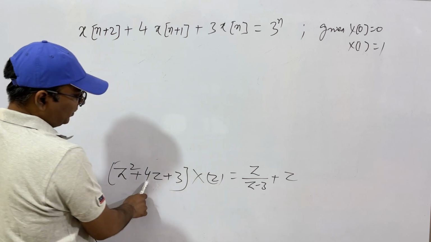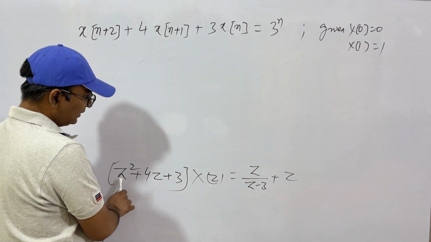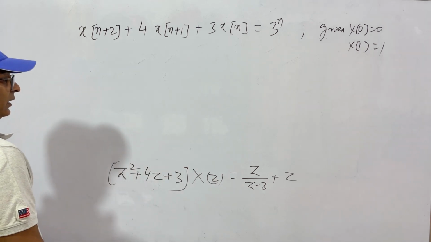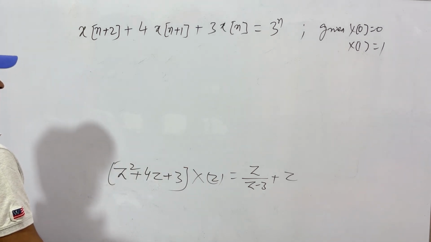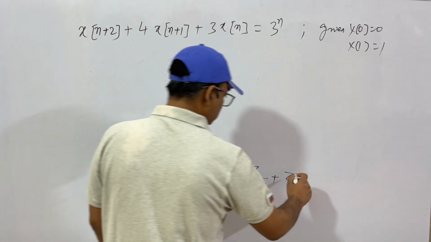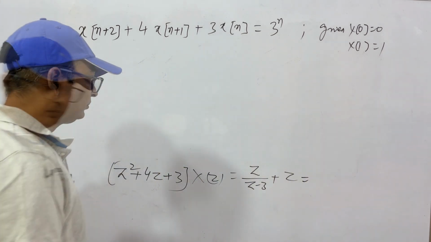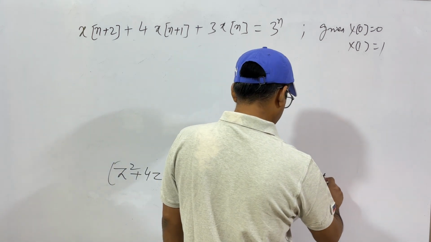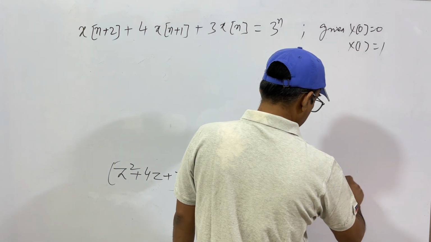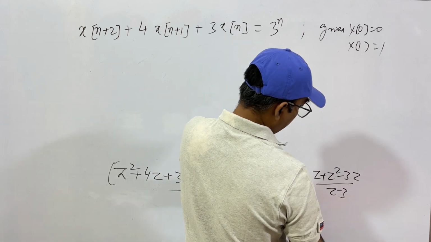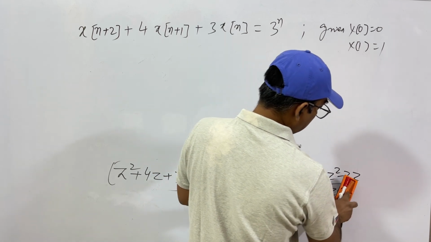See, z square plus 4z plus 3 we can write as z plus 1 into z plus 3. This you know. Is there any benefit? Let's combine these two. This will be z plus z square minus 3z by z minus 3. So we can write it like this, 2z.